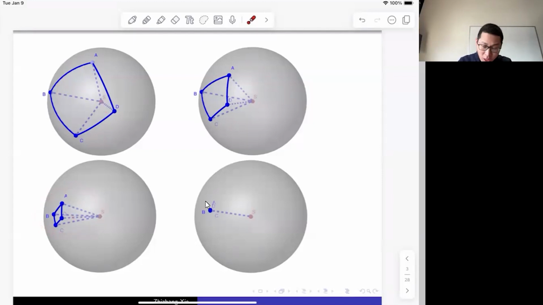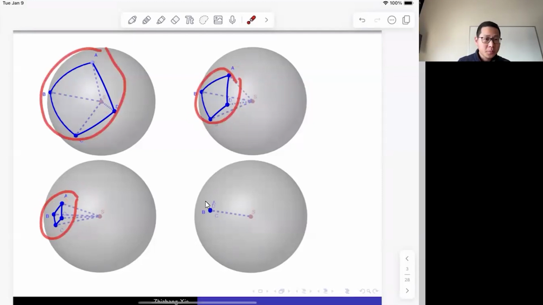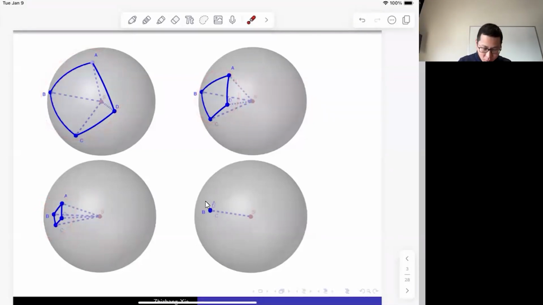It's possible that through the deformation you don't really compare the intermediate ones to each other, but it's about comparing all of them to the original one. Throughout the process, all the dihedral angles are no bigger than the original dihedral angles. And in the end, if you can do this all the way to a point, that's the angle shrinking problem of Gromov.